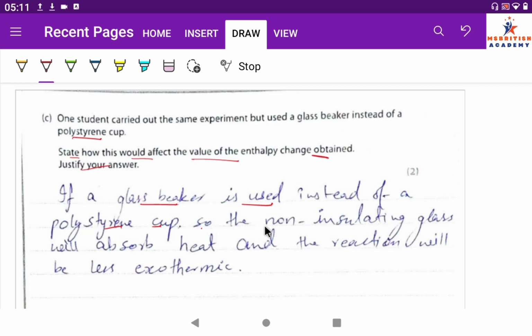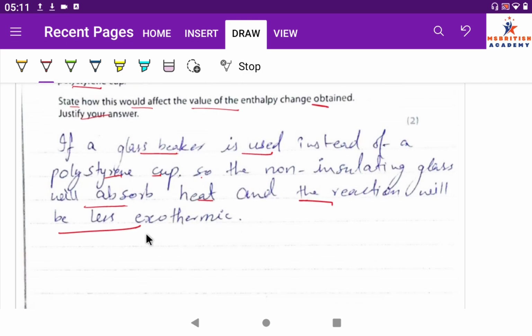So the non-insulating glass will absorb heat, and the reaction will appear less exothermic. It will release less energy.